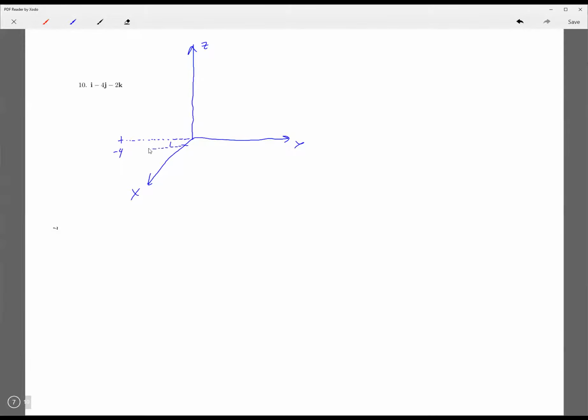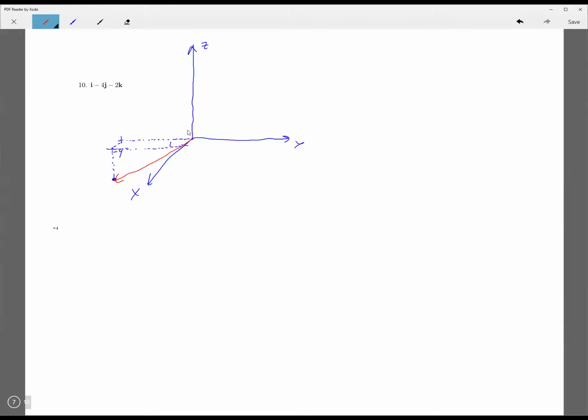So that kind of puts us back here. And then it's minus 2 on the z-axis. So that puts us down here, okay? So that kind of puts us there. And so this is the vector right here, roughly.